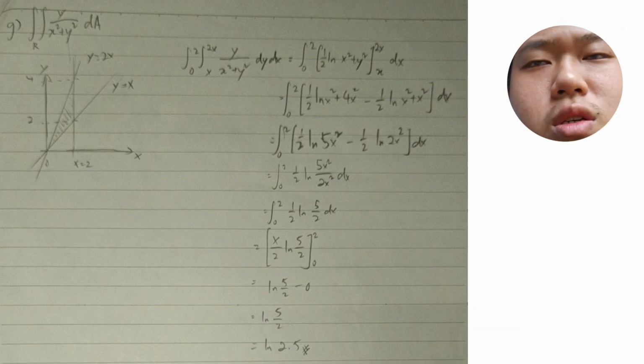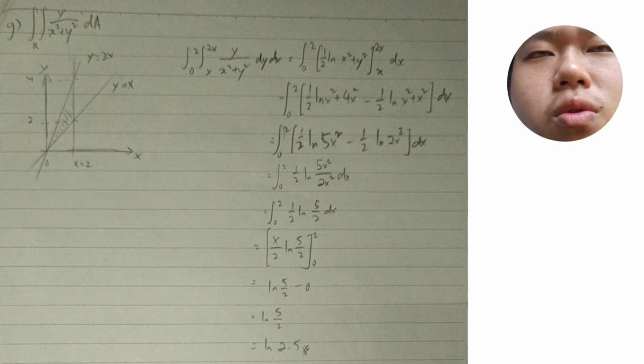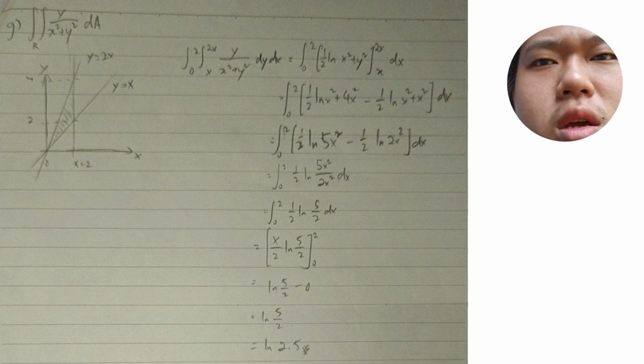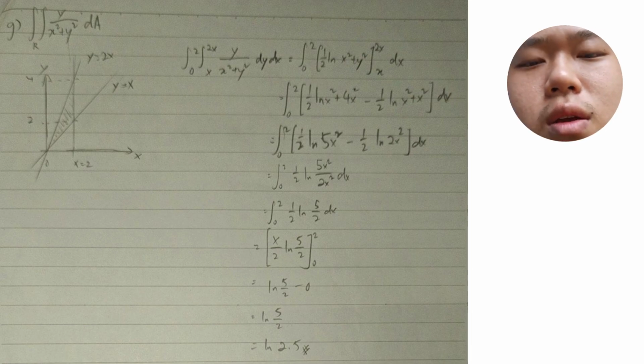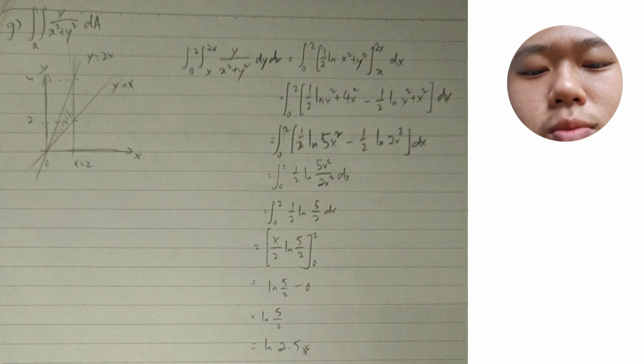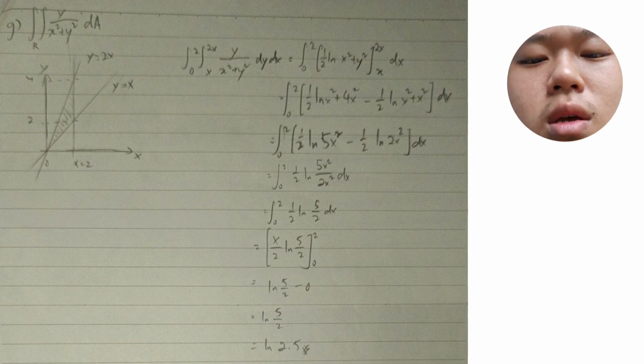So for the last question, we are given three lines, y equals 2x, y equals x, and x equals 2, and we have to find the area bounded by these three lines. So what we can substitute into the double integral is x until 2x and 0 until 2.